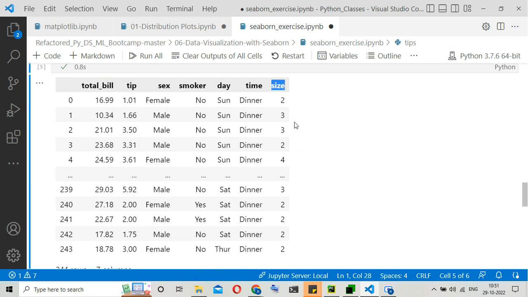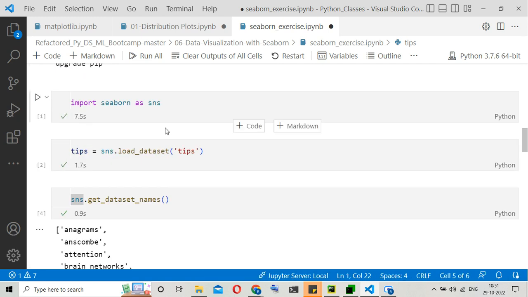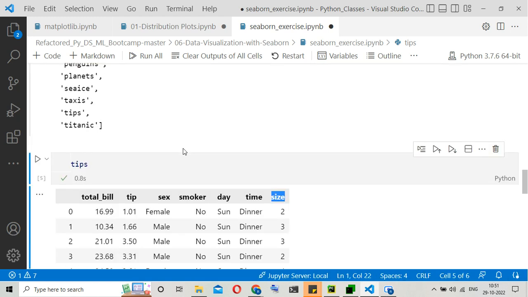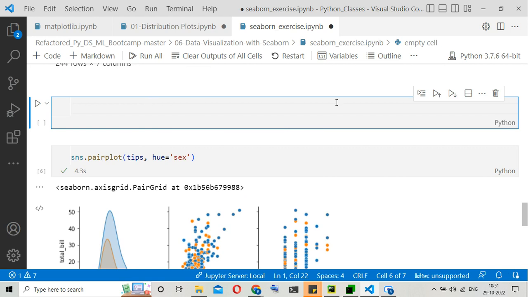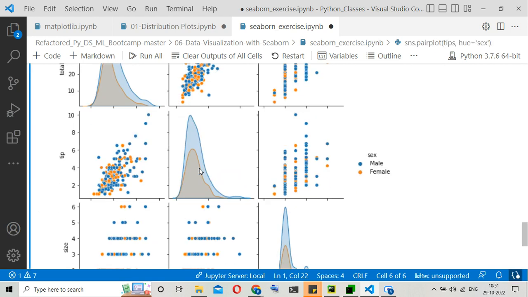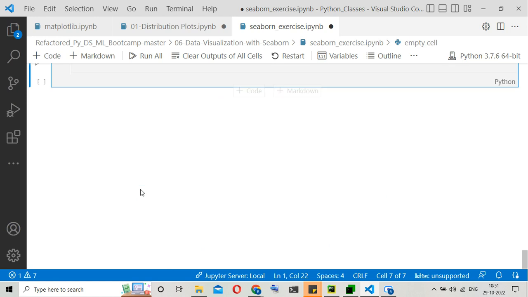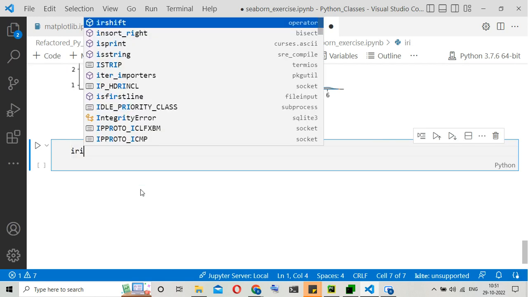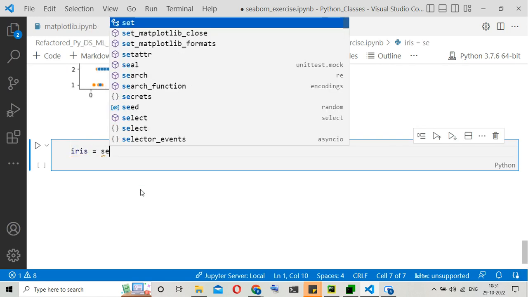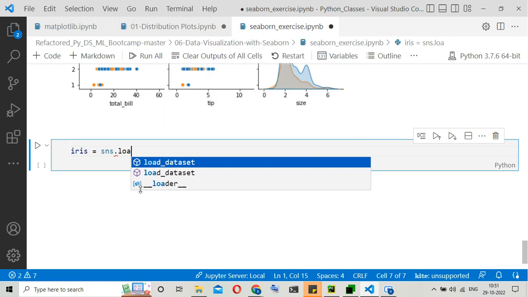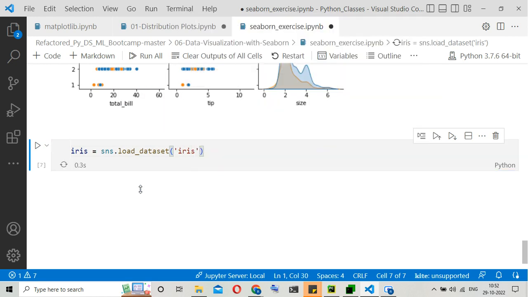If you do the same thing with some other data set, let's try another one. There is one iris data set. We can check sns.load_dataset and call iris.